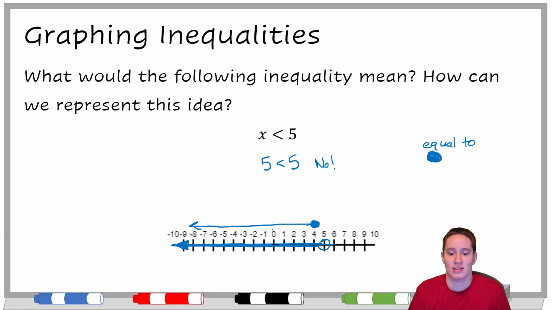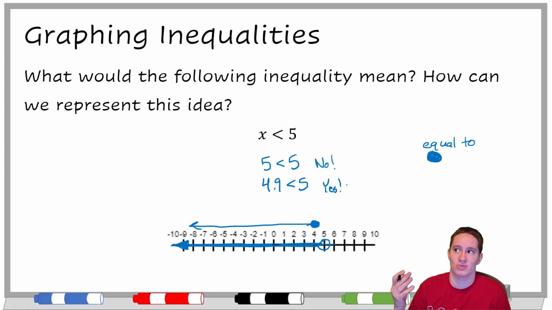Yes, we like whole number answers, but if I have x is less than 5, 4.9 fits into that inequality. 4.9 is less than 5. And so is 4.99 and 4.999 and so on. So the open circle is there to show us where we stop having right answers, which is at 5 exactly.